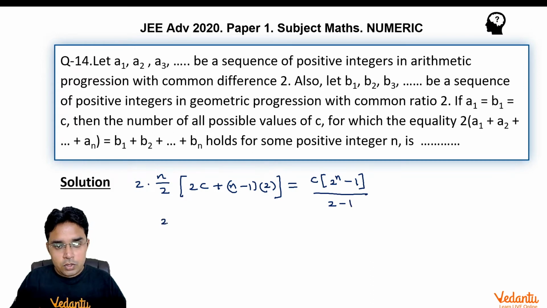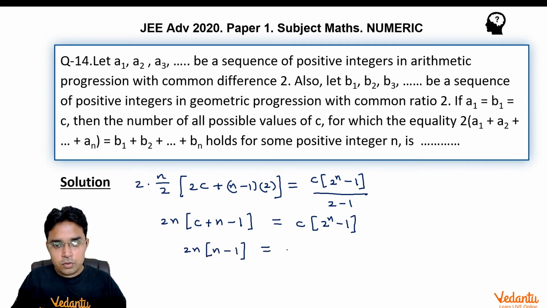So we get 2n into (c minus c plus n minus 1) equal to c into 2 raised to the power n minus 1. So this becomes 2n into (n minus 1) equal to c into (2 raised to the power n minus 2n minus 1).